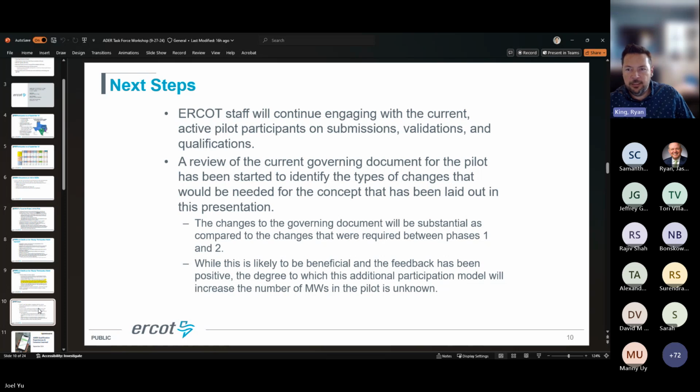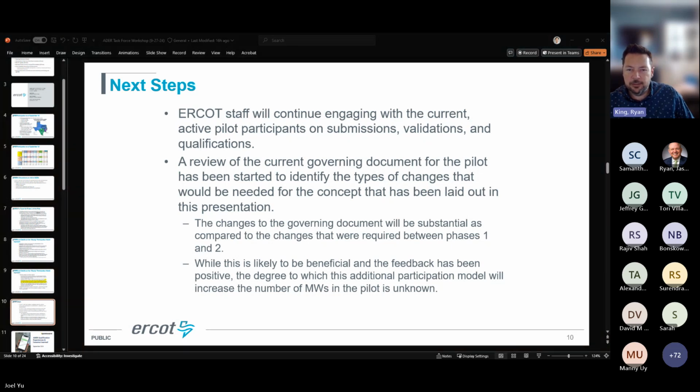There will be some fairly extensive red lines to the existing document, simply because we're talking about a new framework here, so it has to have all the commensurate requirements with this participation model. So effectively, if this goes through, we will have 2 different participation models.